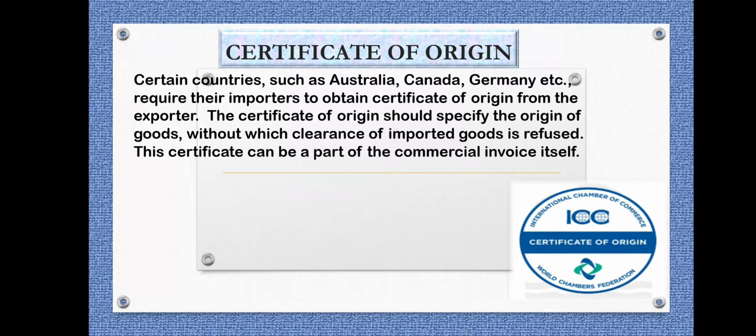The certificate of origin should specify the origin of goods, without which clearance of imported goods is refused. That means this document is required without which the clearance of your imported goods is refused. You will not get the imported goods unless and until you have the certificate of origin.